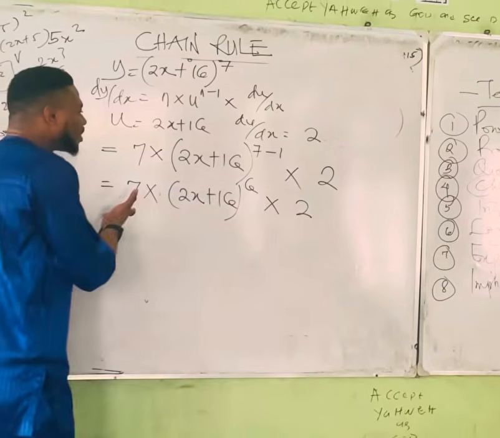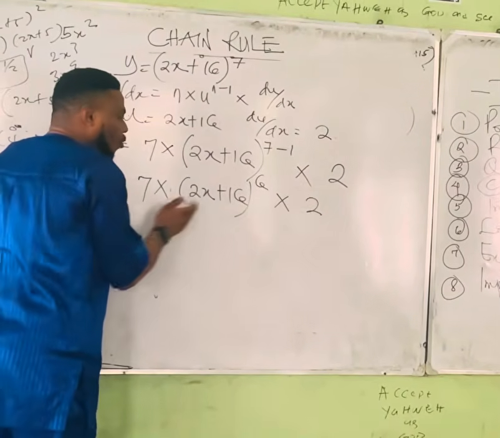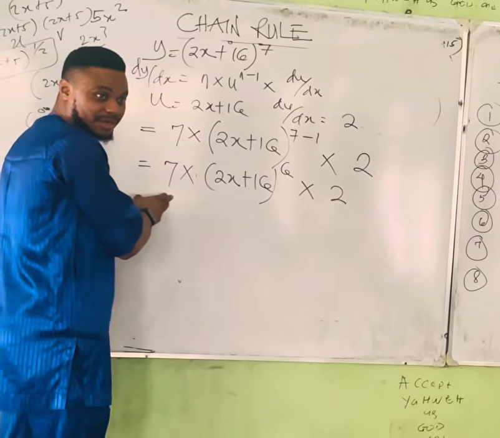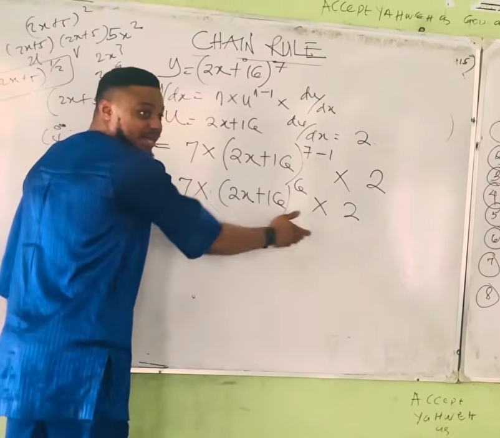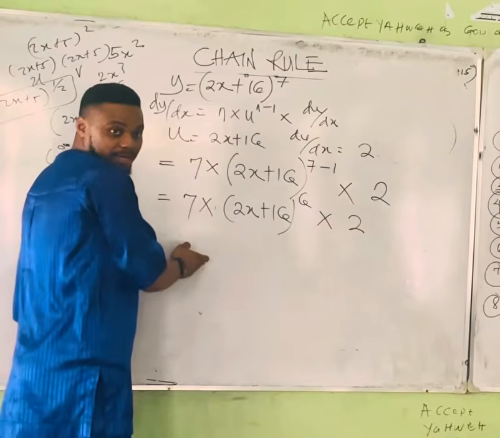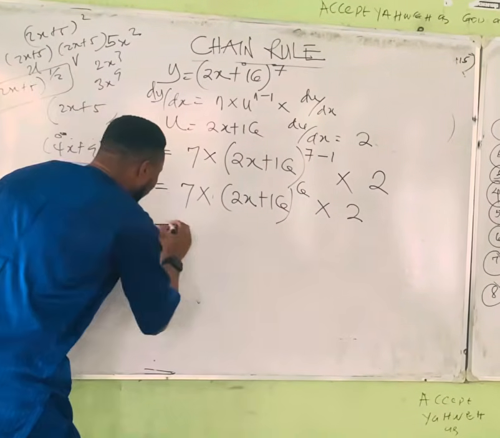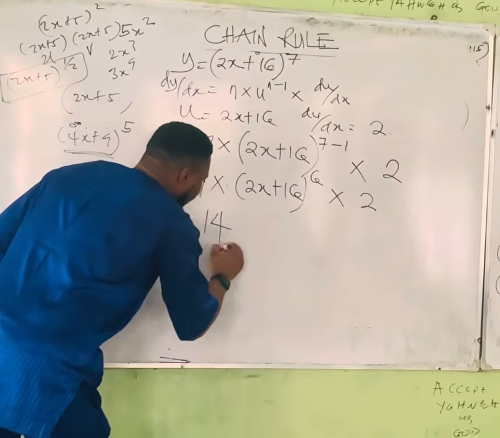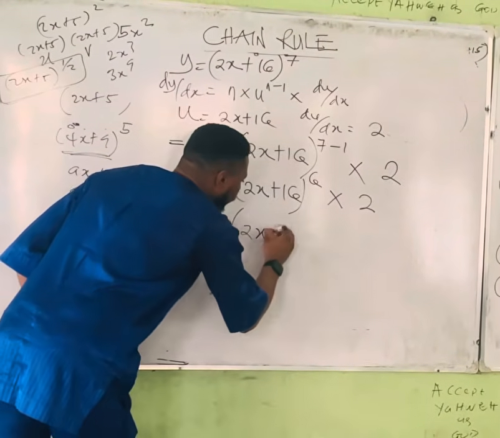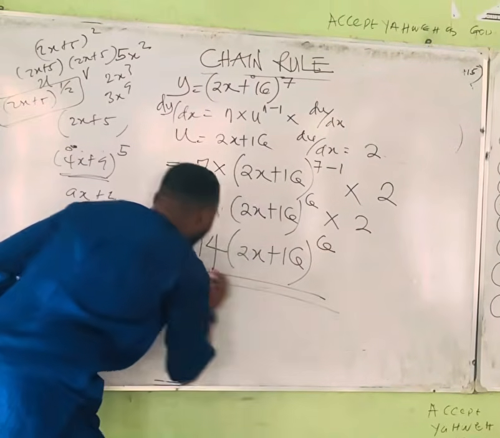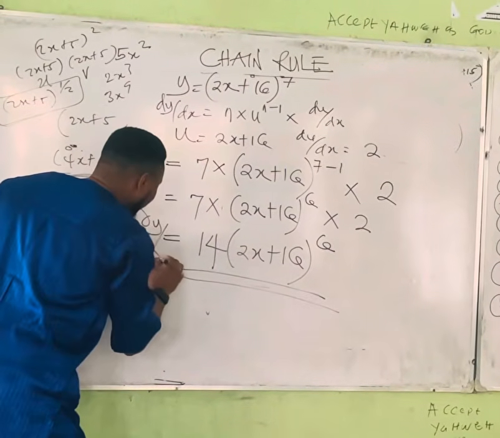It is only the things that are outside that you multiply by each other. So 7 times 2 is 14. So this will now be 14 times (2x plus 16) raised to power 6. This is your answer, dy over dx.